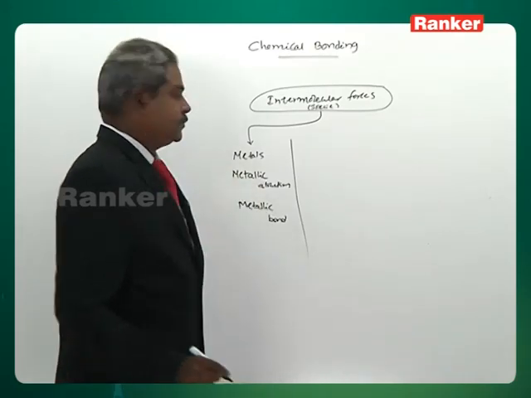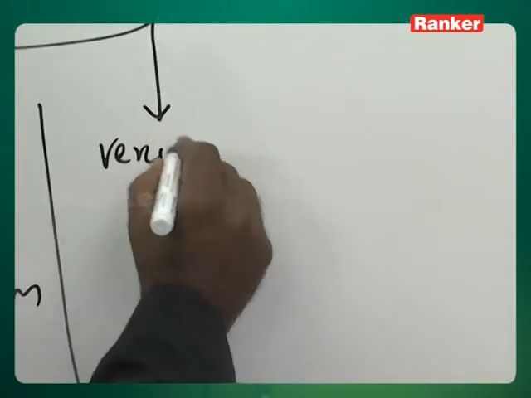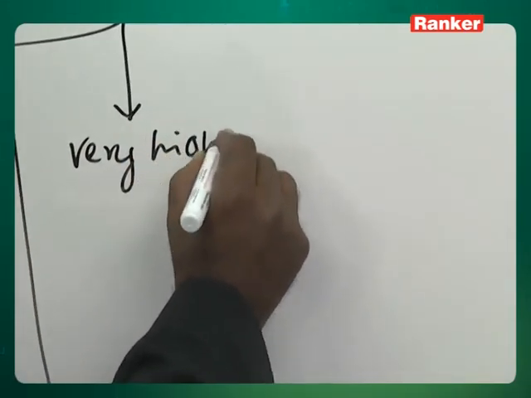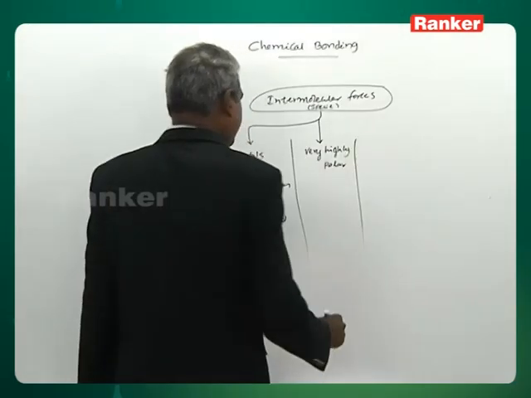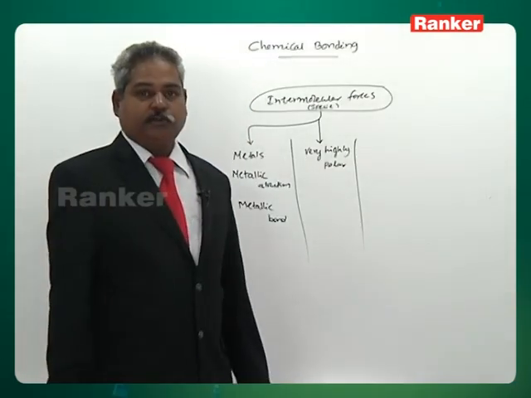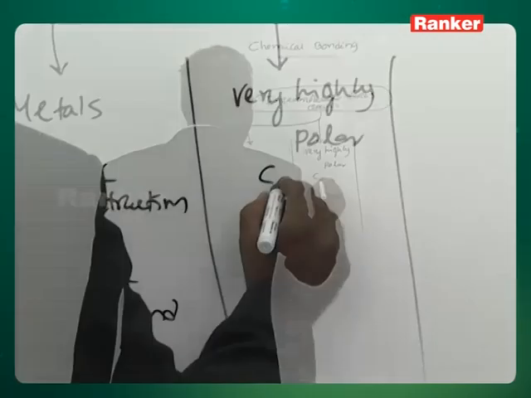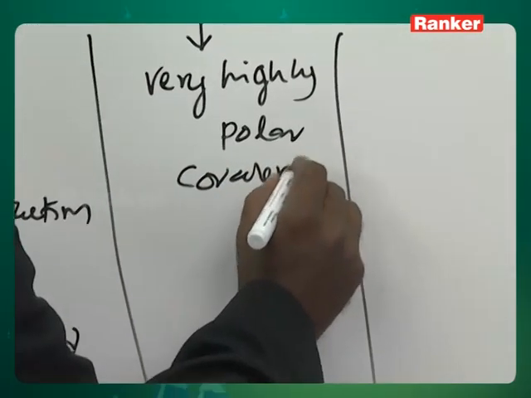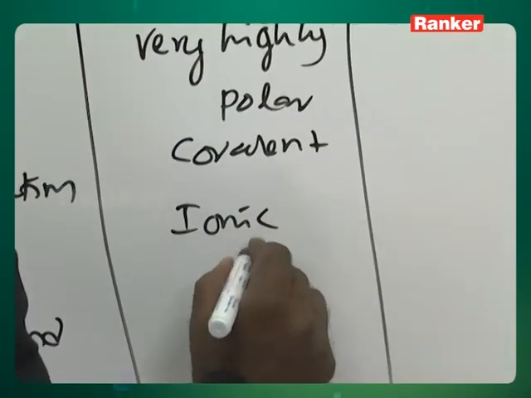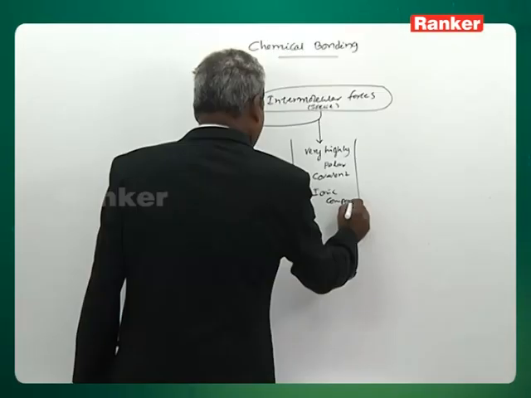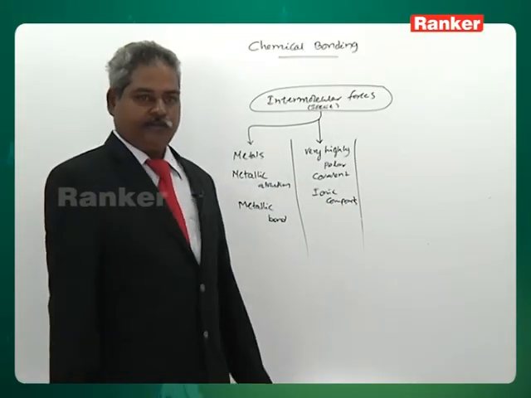Metallic bond and very highly polar substances. What are very highly polar covalent substances? As we were defining, very highly polar covalent substances are ionic compounds. In ionic compounds, the attractions are very highly polar in nature.